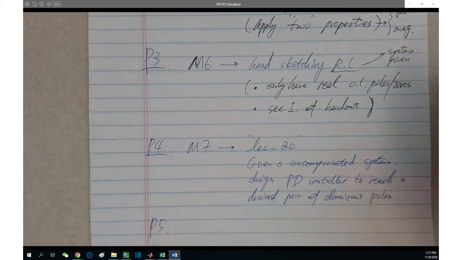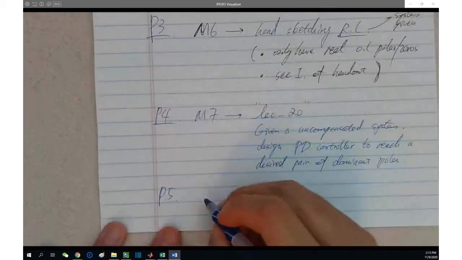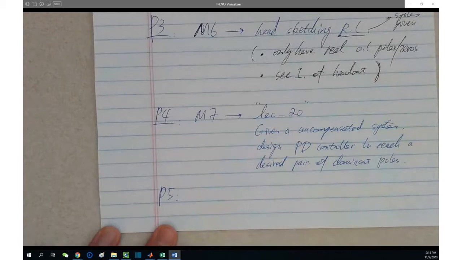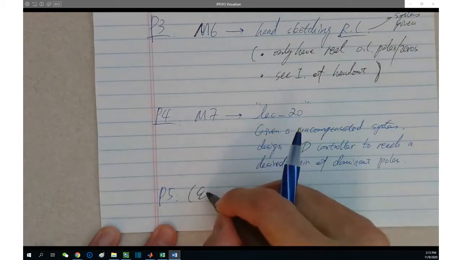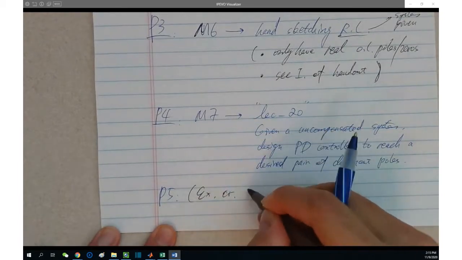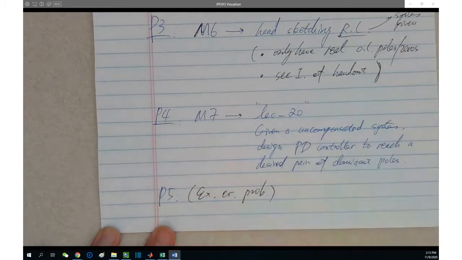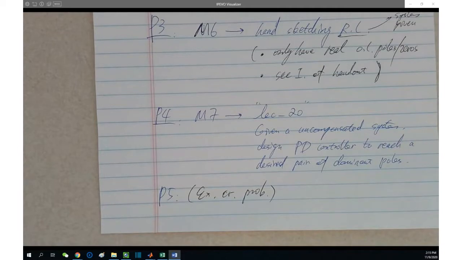We also have problem 5. Problem 5 is, first of all, extra credit. If you don't have enough time or don't have enough interest, feel free to leave it. But if you do want to claim something extra, you want to do it. It's something about the root locus.